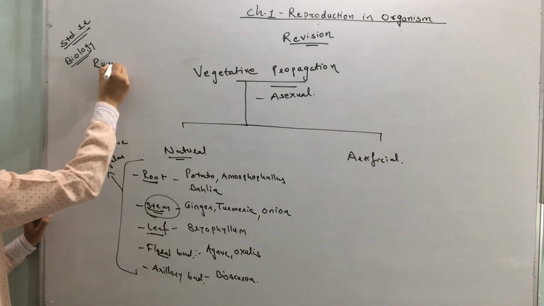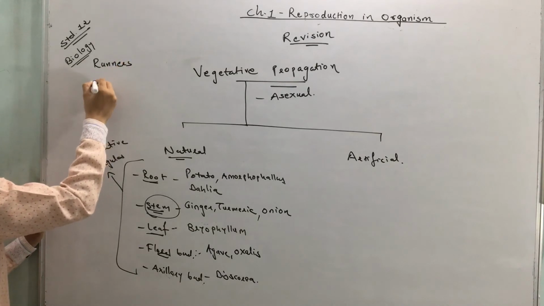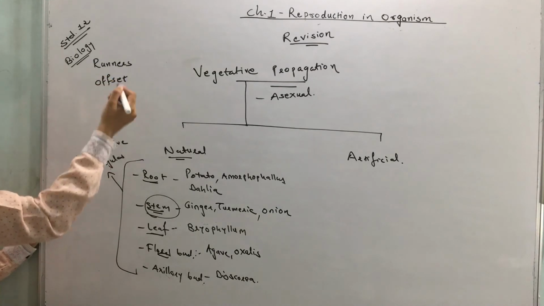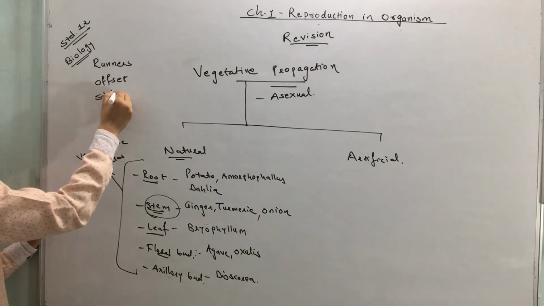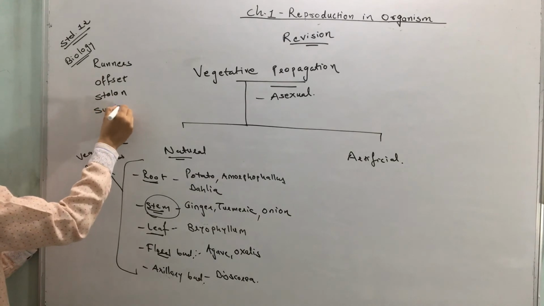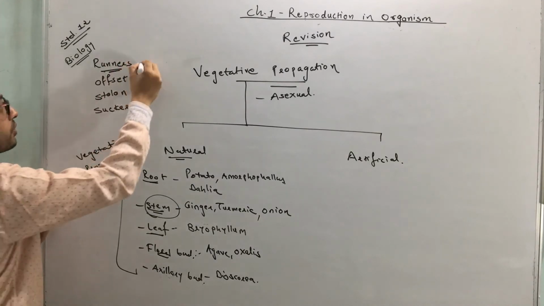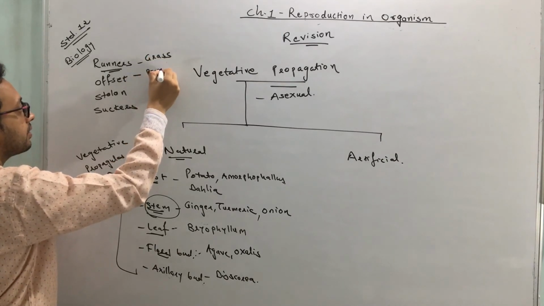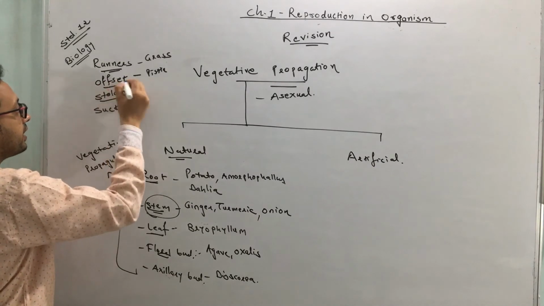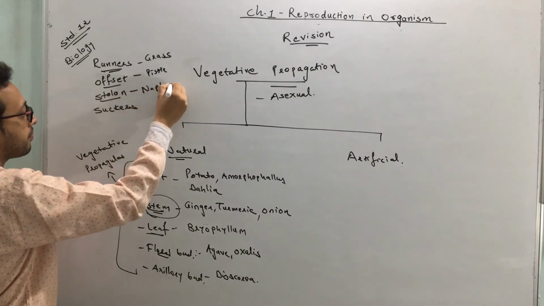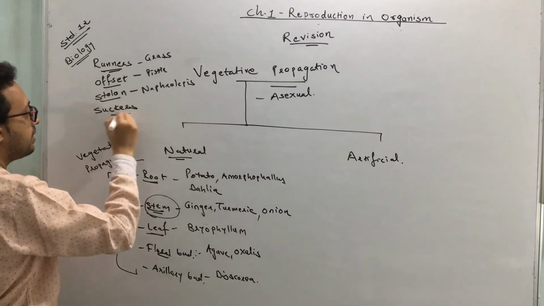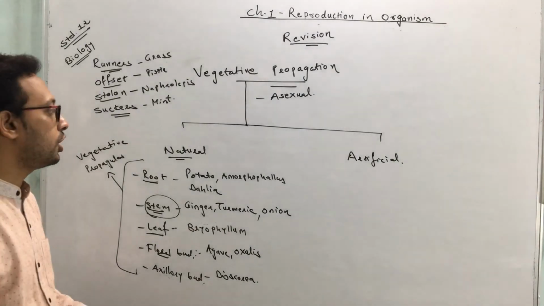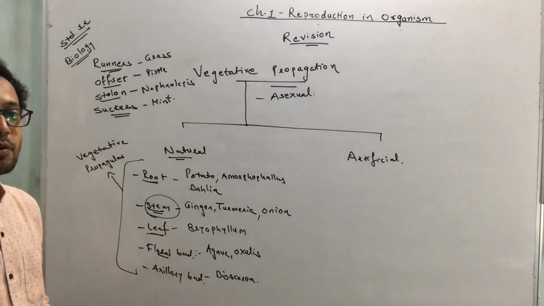They are runners, offset, stolons, and suckers. Runners are observed in lawn grass. Offset is observed in Pistia. Stolon is observed in Nephrolepis. And suckers are observed in mint. They are made for vegetative propagation. So that's all about the natural method of vegetative propagation.